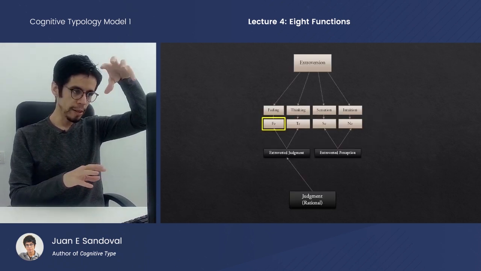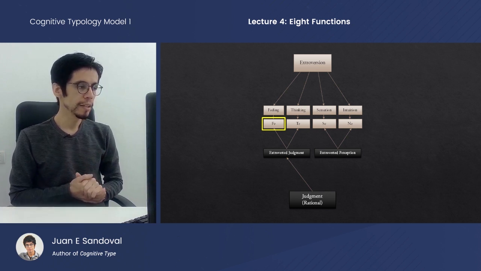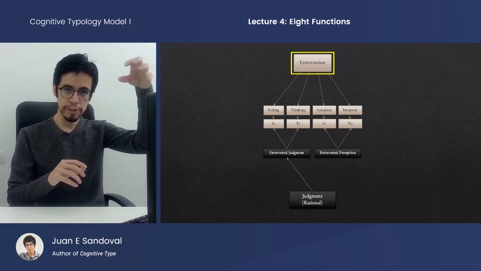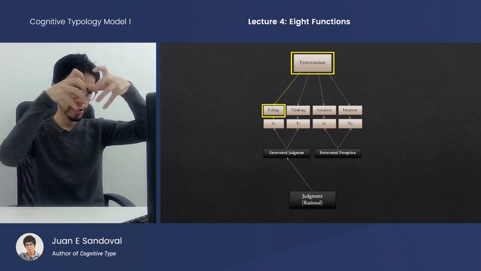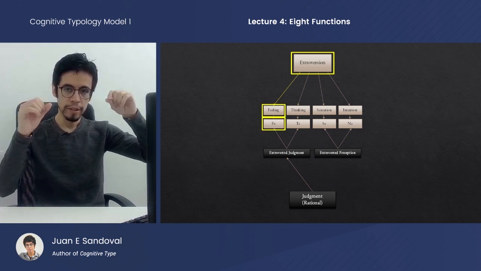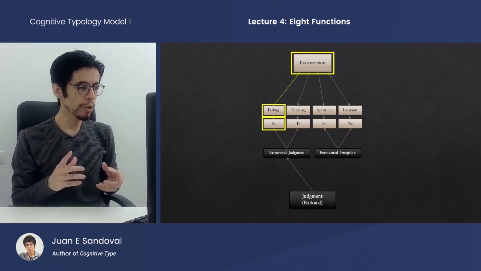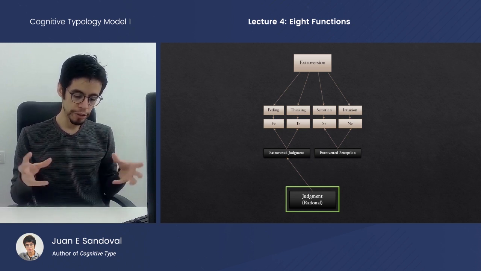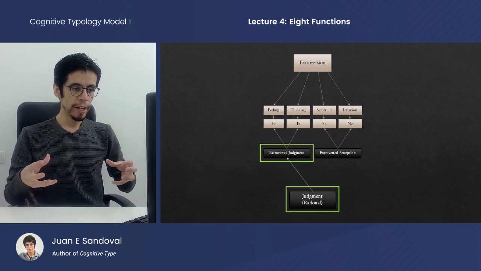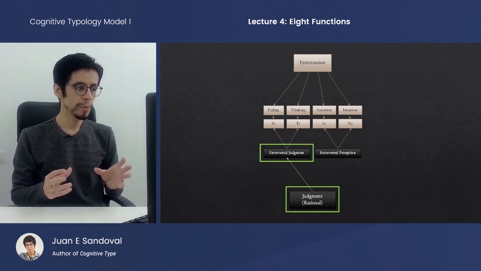So if you're starting at the top side here, and if you wanted to prove that FE is real, then you would first have to prove that extroversion is real, and then that feeling is real, and then the combination of those two would give you extroverted feeling. Or you could go the bottom-up route here, and you can try to identify whether judgment is real, and then whether extroversion is real, which would cause extroverted judgment to be real.